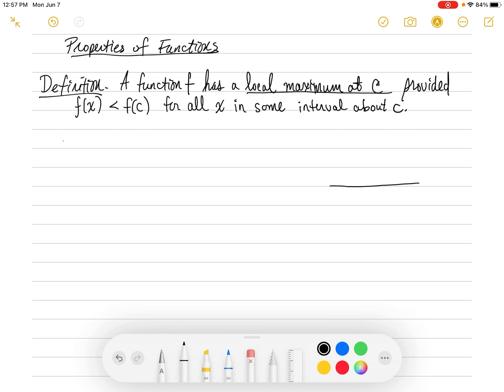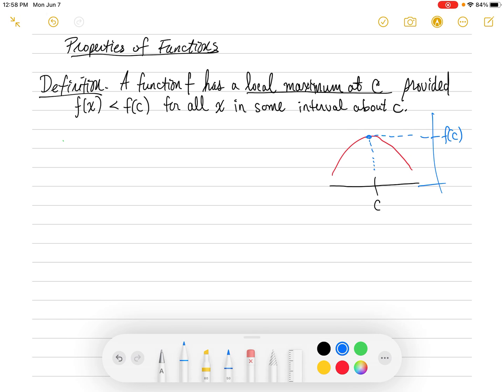Now here's the idea. So here's my x-axis. Here's some number c. And then we have some function, maybe doing like this. We have like a hilltop here at c. So if I take c and trace it back to the graph, and I trace that back to the y-axis over here, here's f of c.